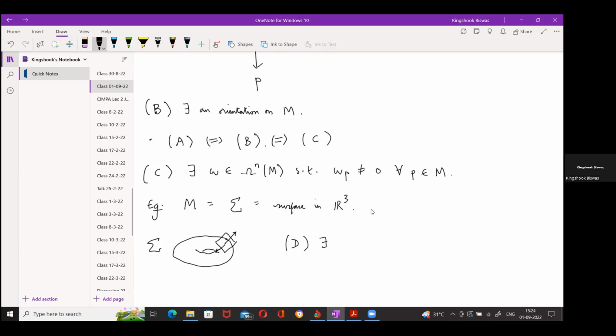What I want is that there exists a continuous unit normal vector field on sigma. Okay, so D is equivalent to orientability also. D is equivalent to A, B, C.